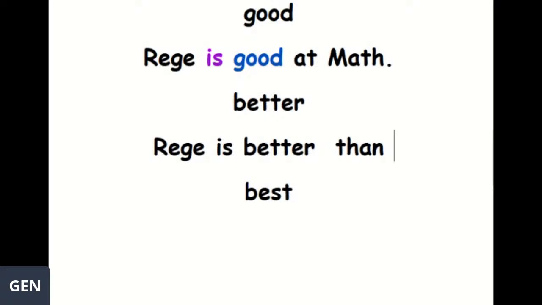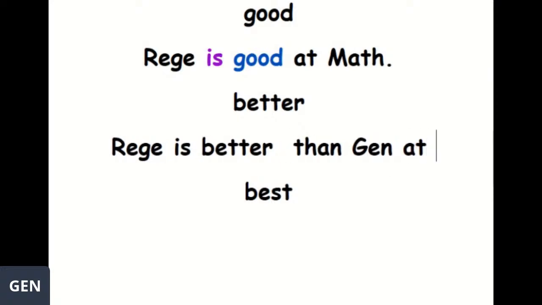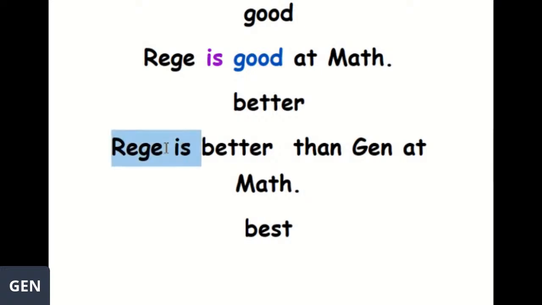Daijoubu. It's okay. Oh my god, I'm speaking Japanese. I'm sorry. Reggie is better than Jen, or Reggie is better than Jen at math. Finish. So I'm using is there, and I'm using better than.